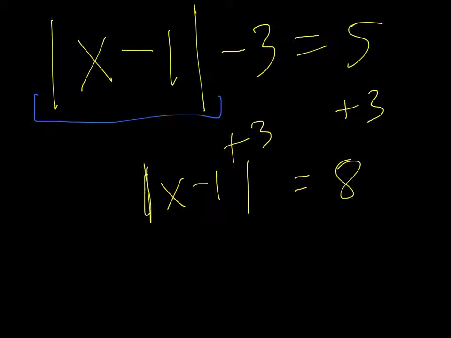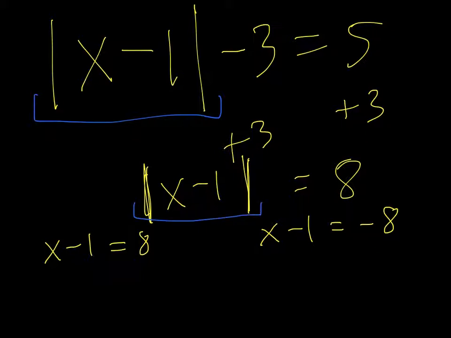So know that these are the absolute value signs, right? To solve this, you set the expression x minus 1 equals 8, and x minus 1 equals negative 8. So you take the absolute value expression and you set it equal to a positive of this and then a negative of this. All right, and then you solve.